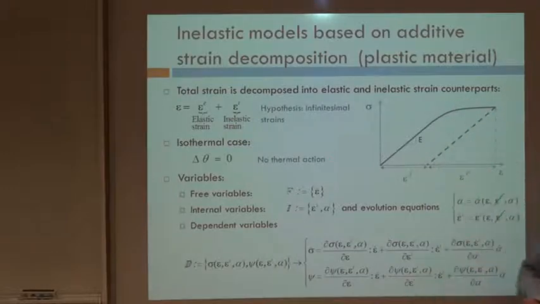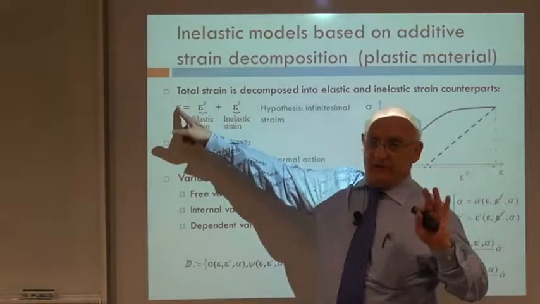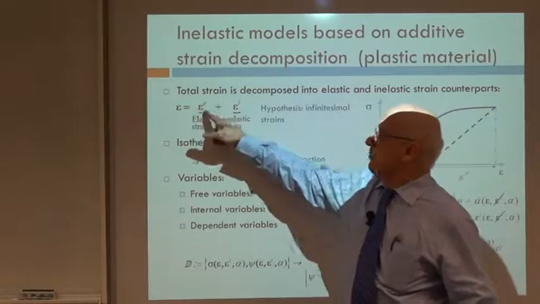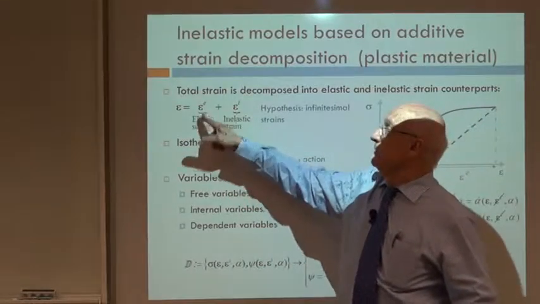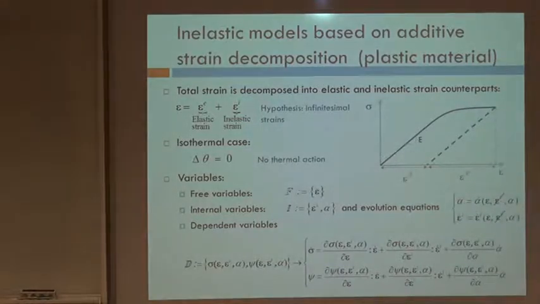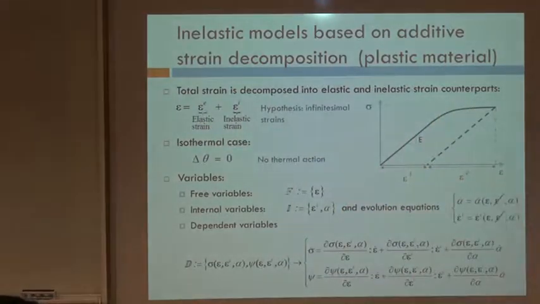There is a framework which in turn can be inserted into the general framework we talked about. First, we split the strain at every stage of the loading process into two parts. One is the inelastic strain, and the other is the elastic strain. The elastic strain is somehow related to the stress, as in an elastic material.